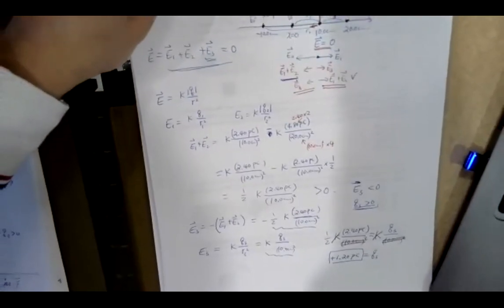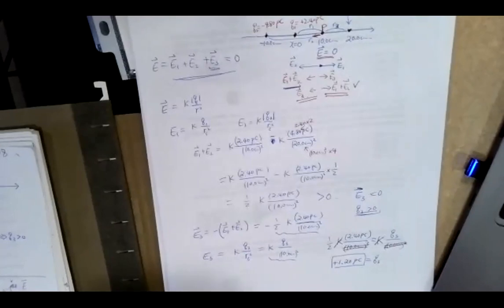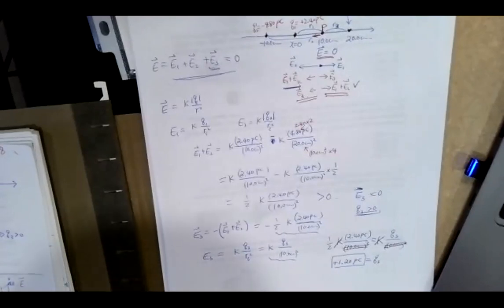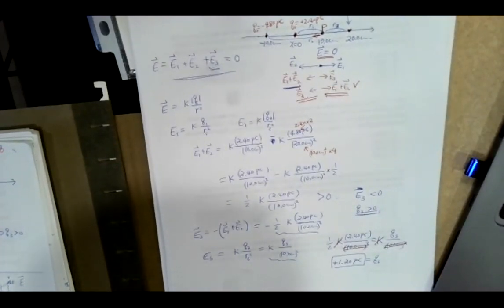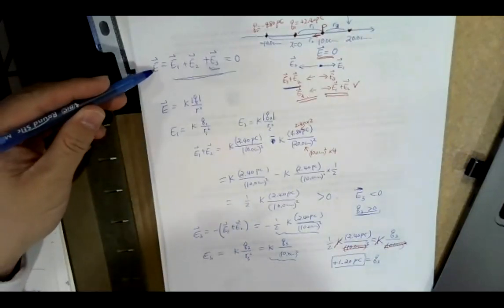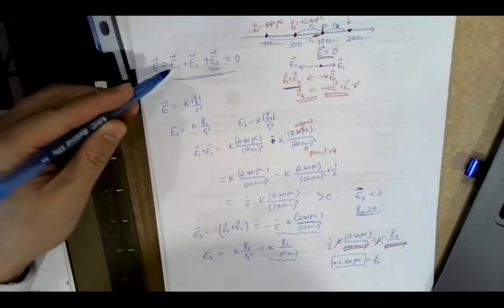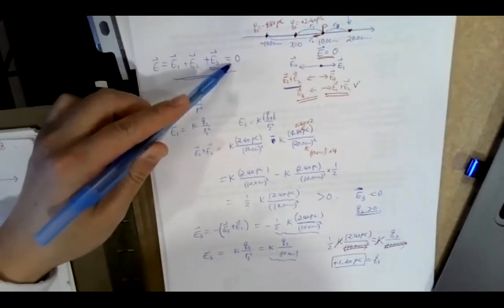So this one is a little bit complicated. It's one-dimensional, so you can use either positive or negative to indicate the directions for the field, okay? So you're starting with, at your point of interest, the electric field is going to be equal to the summation of the electric field by the three charges, and that's equal to 0.